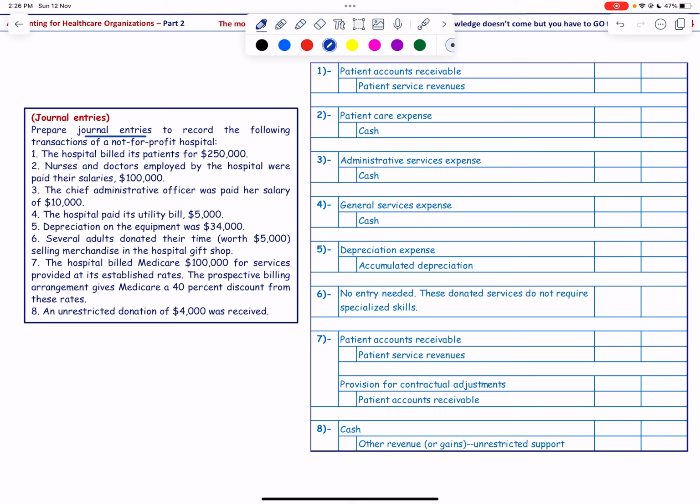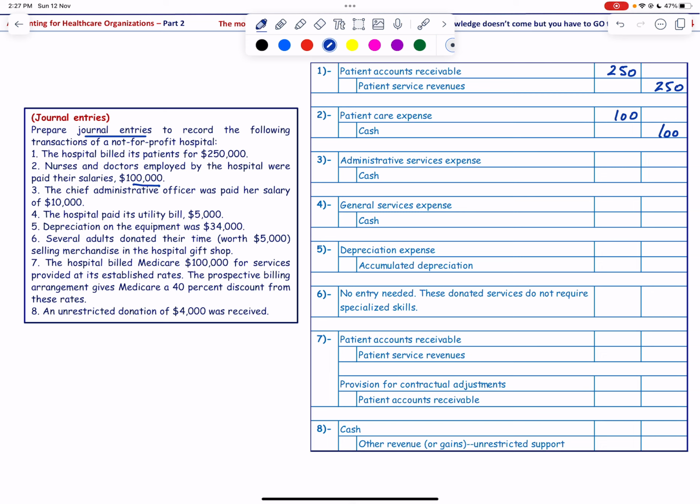So patient accounts receivable is debited by 250,000 and patient service revenue is credited by 250,000. Then nurses and doctors employed by the hospital were paid 100,000 and we record this as patient care expense debit by 100,000 and cash is credited by 100,000.